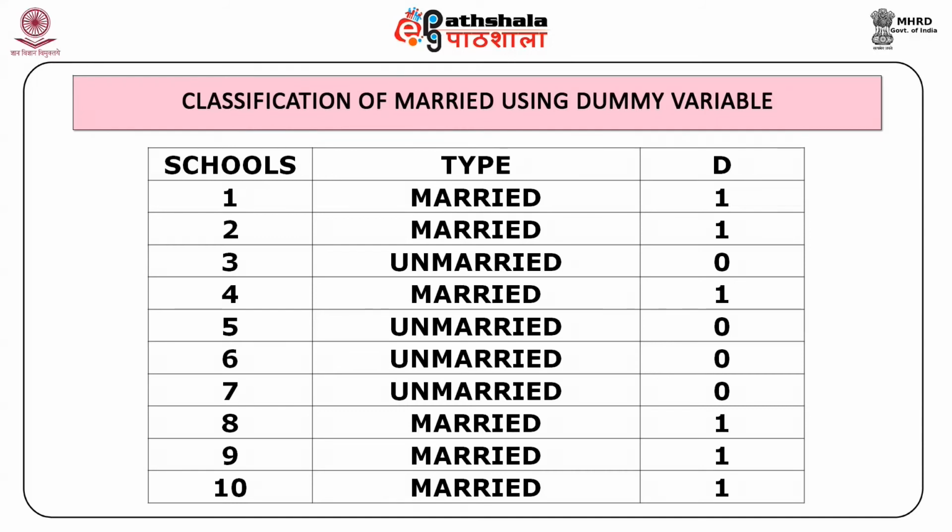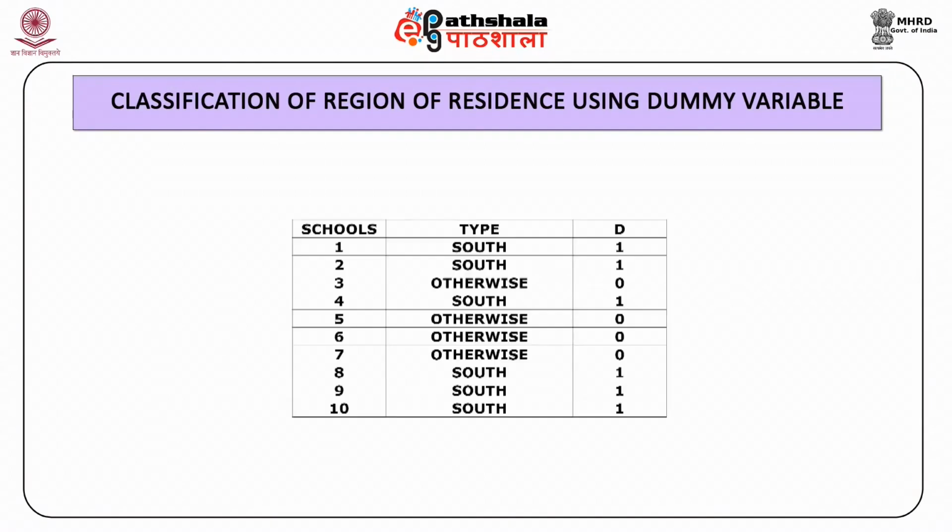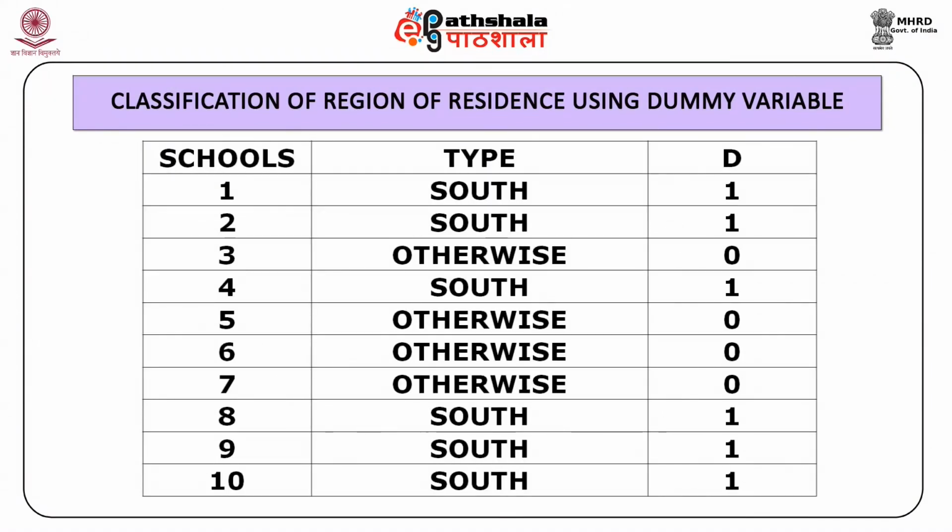The table represents the two categories by use of binary digits, where 1 is assigned to married and 0 to unmarried. Similarly, the next table explains the dummy variable D for region of residence, where 1 is assigned to South and 0 to non-South residents.